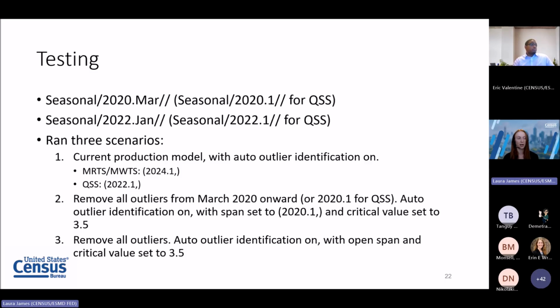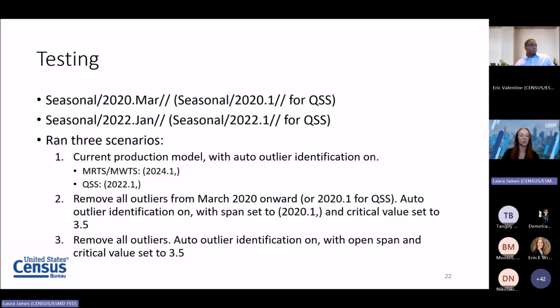We only look for additive outliers and level shifts. For the outlier span, for the monthlies, it only looks at the current year, so just 2024. For QSS, that window's a little bit wider, and we do look back to 2022. Most of the critical values are 3.5, but sometimes during production review, we do have to go in and manually adjust and raise some critical values for certain industries.